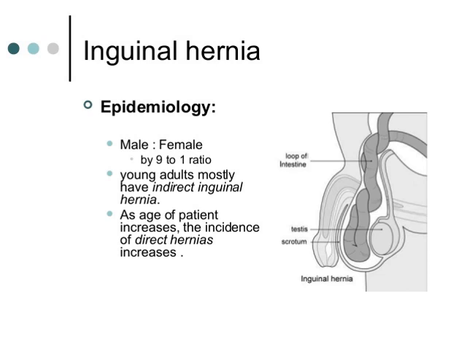Young adults mostly have indirect inguinal hernia, as direct inguinal hernia occurs in the elderly. As the age of the patient increases, the incidence of direct hernia increases.